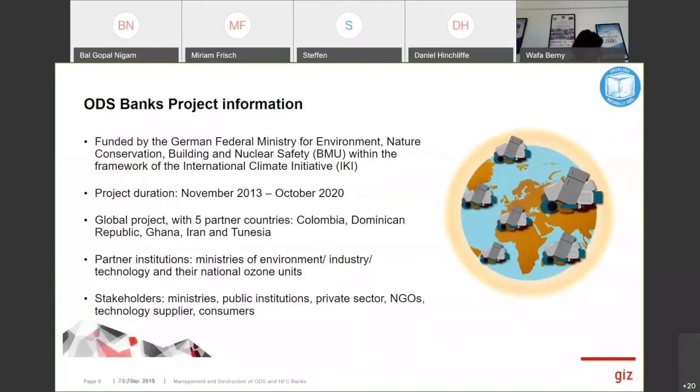Our main partner institutions are the national ozone units in their respective ministries, but we also work with the private sector, with e-waste companies, NGOs, technology suppliers, etc.